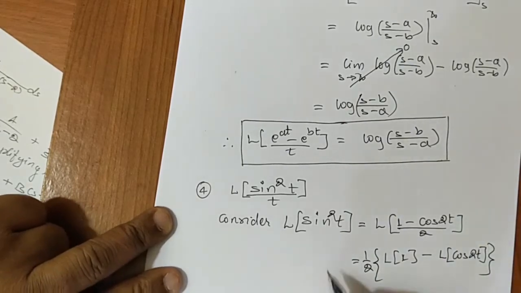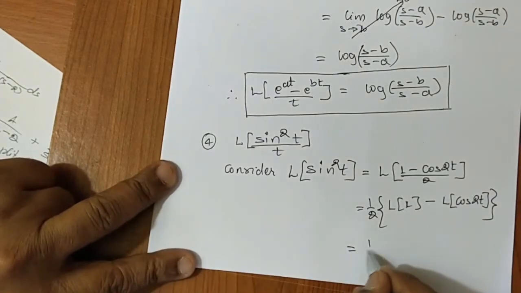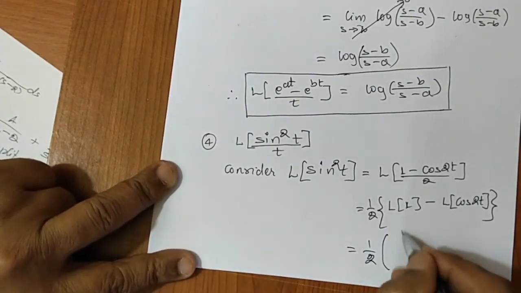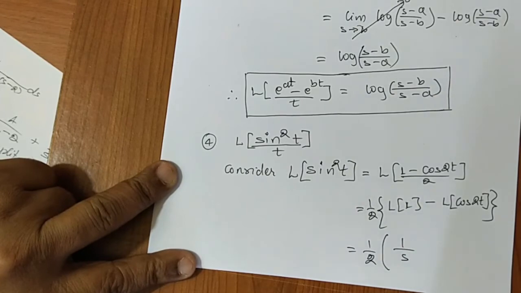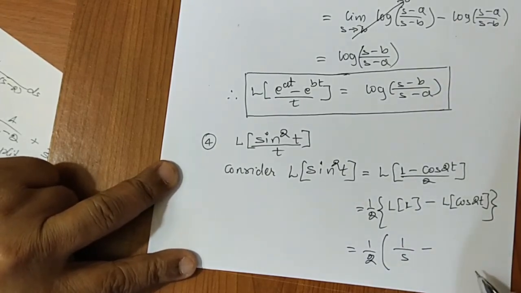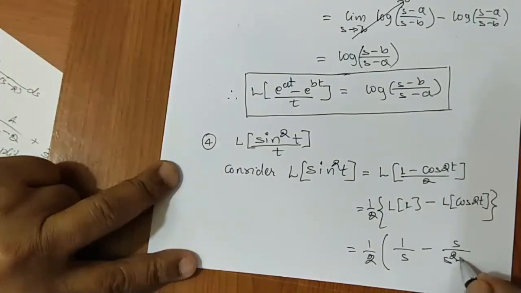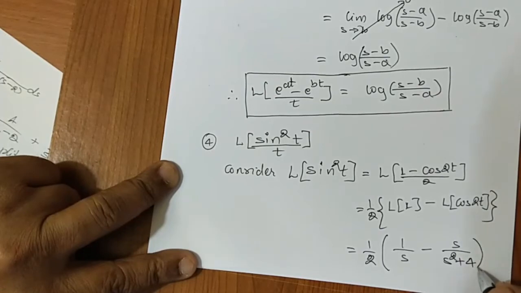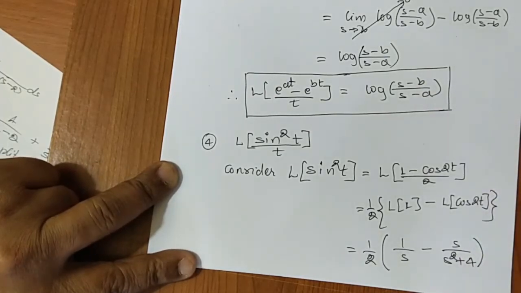So L of 1 is what? So this will be equal to half of, L of 1 is 1 by s, minus L of cos 2t. L of cos 2t is what? It is s over s squared plus 2 squared, or I write this as s over s squared plus 4.